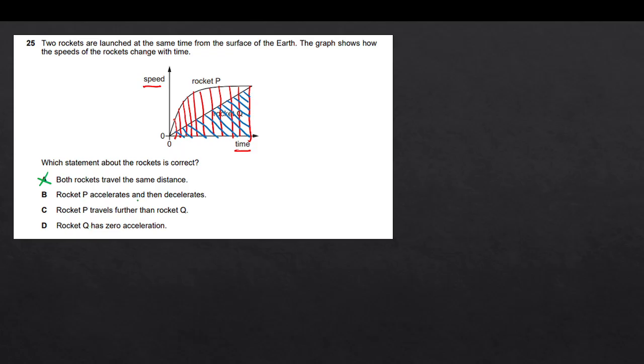Rocket P accelerates and then decelerates. Deceleration means negative gradient in a speed time graph.